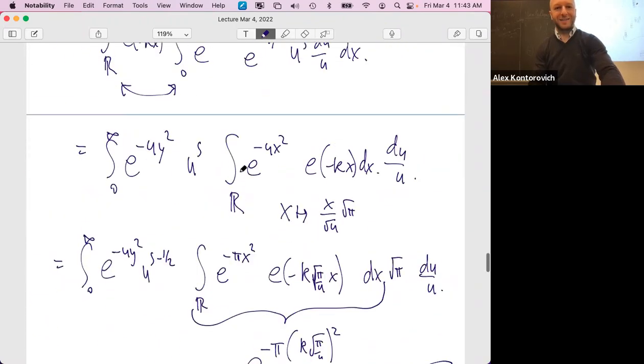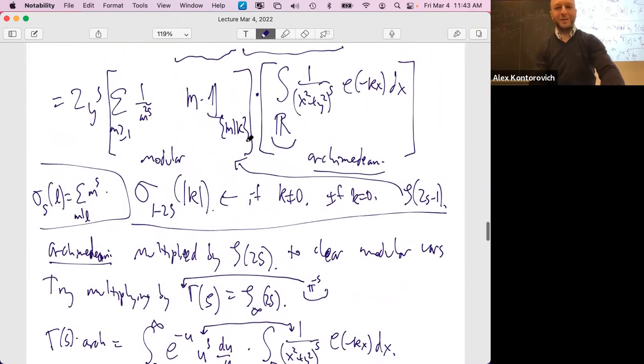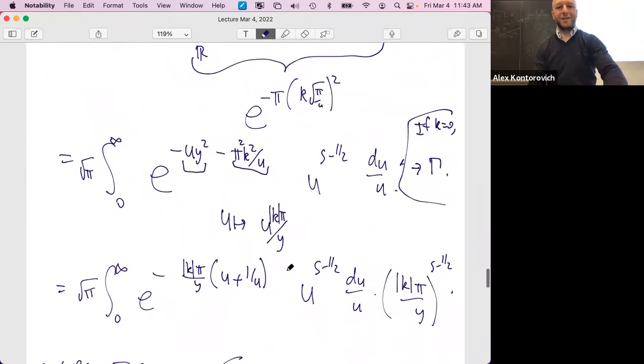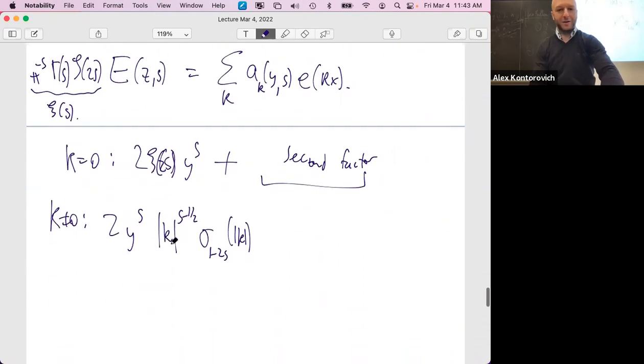And then, see, the blackboard's better because you can see all these things at once and point to them without scrolling back and forth. And then this Archimedean thing that I killed the pi and the square root of pi and the pi to the s with a pi to the minus s. The k to the s minus a half I already noted.